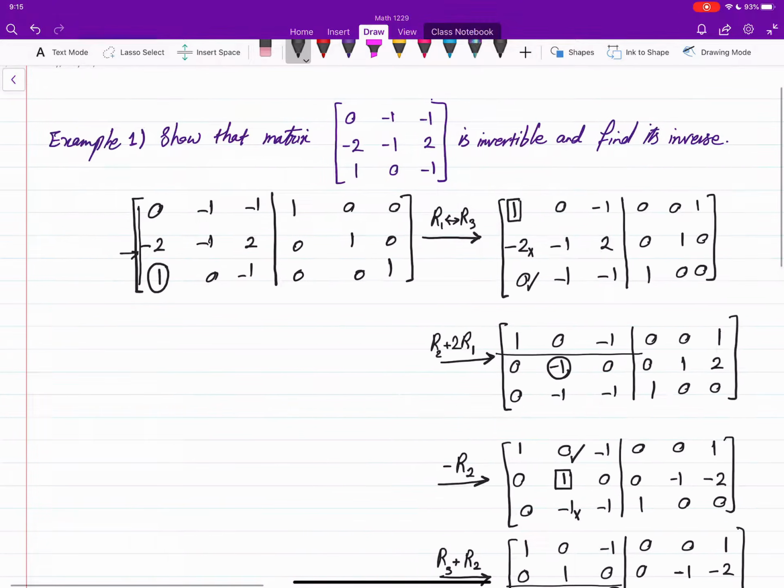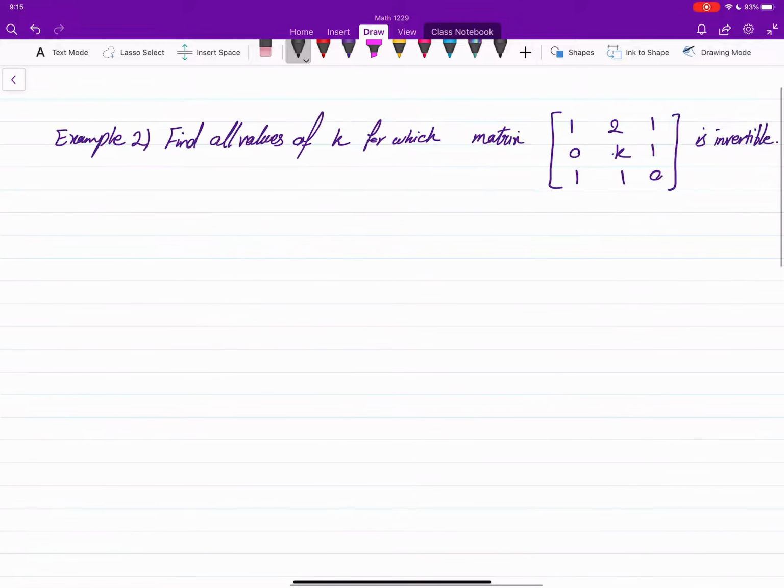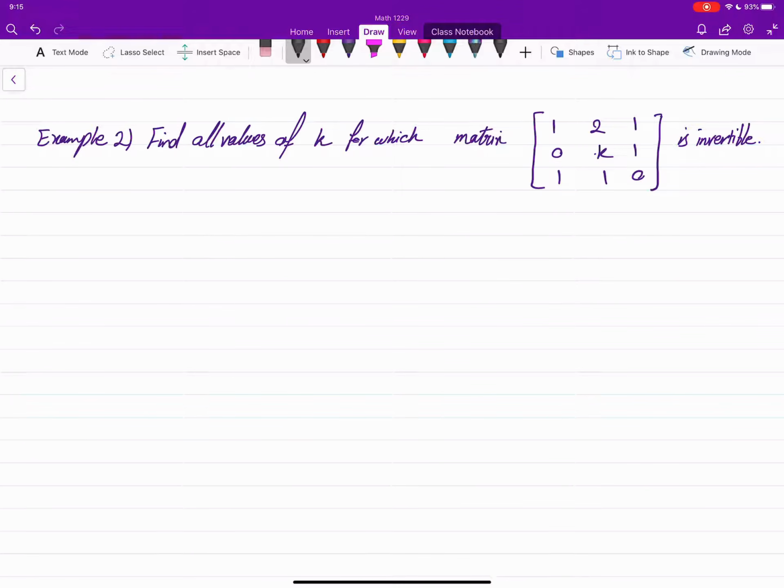Let's do another example, of the form where we have a variable in the matrix and we want to find values of k for which the matrix is invertible. For these questions, we are only interested in seeing whether the matrix is invertible or not.